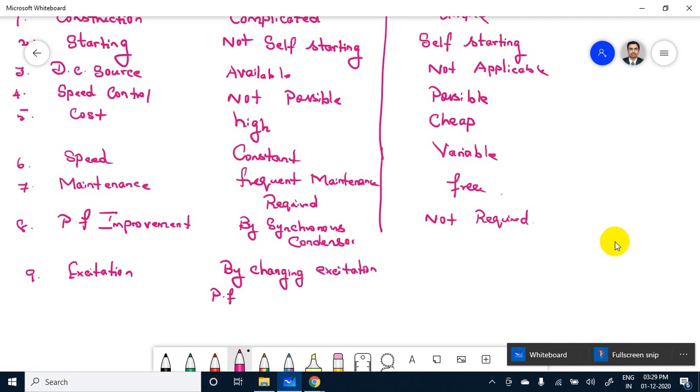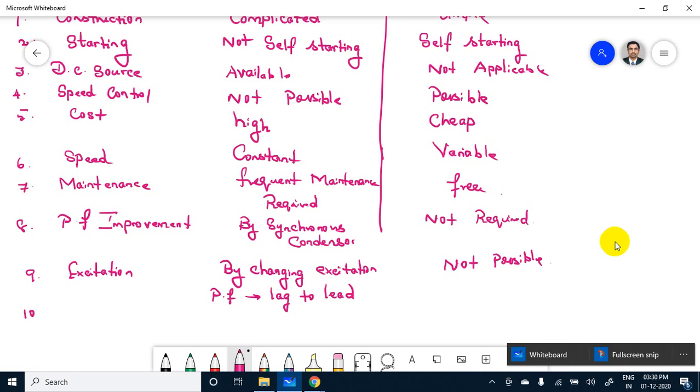That is possible with excitation, where we are giving excitation in the field winding in the synchronous motor. But here excitation is not available, so you can't shift the power factor from lagging to leading. It's not possible.